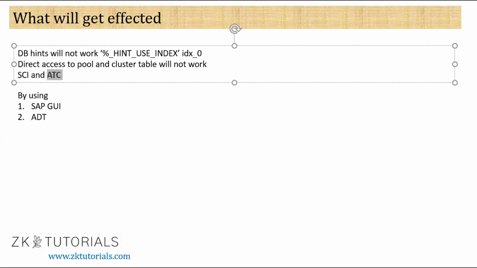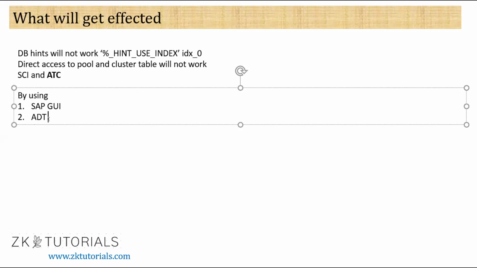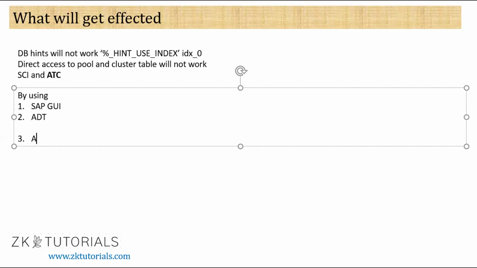So ATC is a tool to identify and check your code quality against different variants, and ADT is a development tool which allows you to do ABAP development on Eclipse. So this is the difference between these. Okay. So what is this? I will write here ADT and ATC.